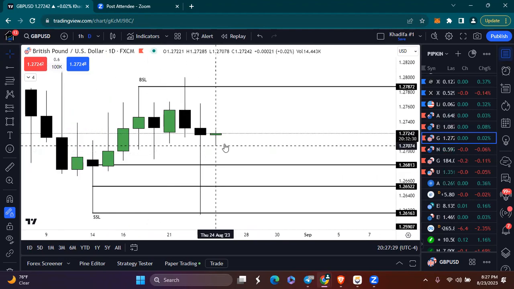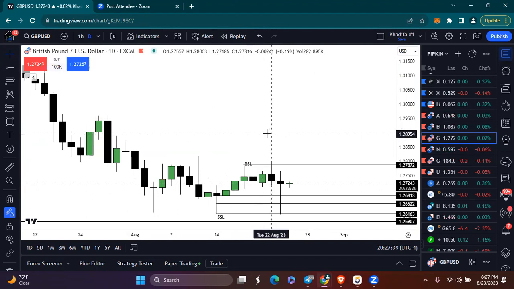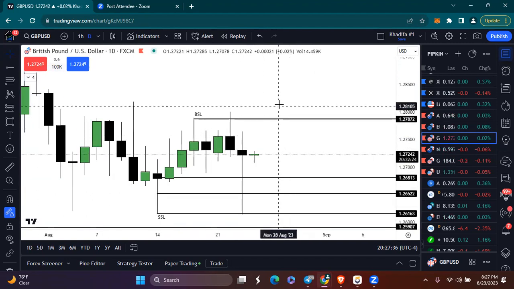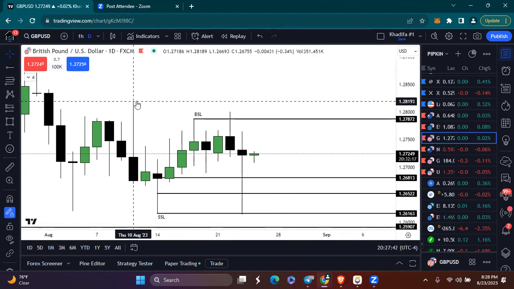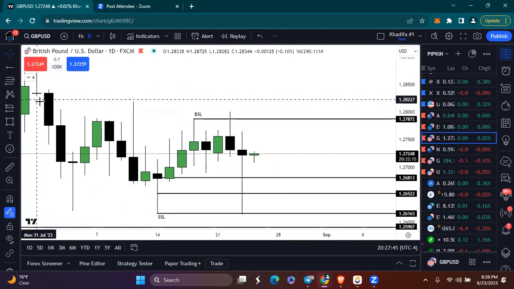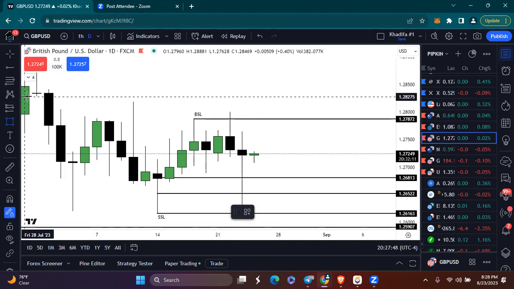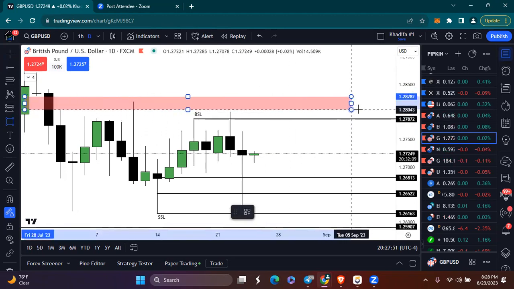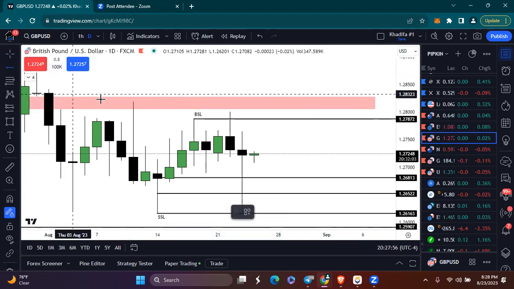And so I expect us to continue to the upside. I wouldn't mind seeing if we can run this buy side liquidity right here and come up into this daily fair value gap. So this level.